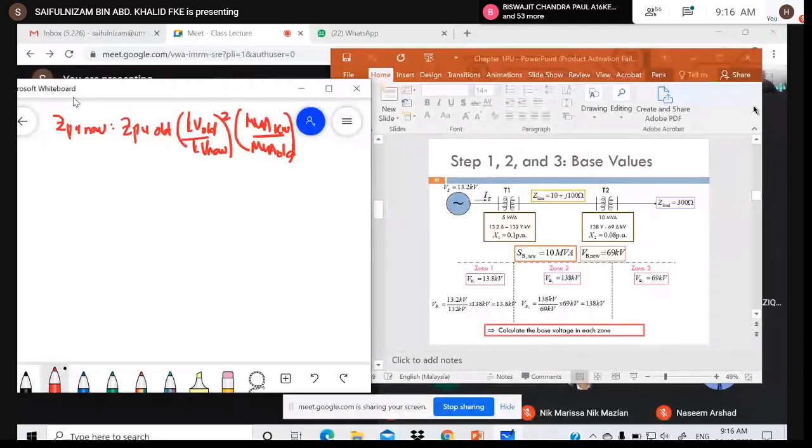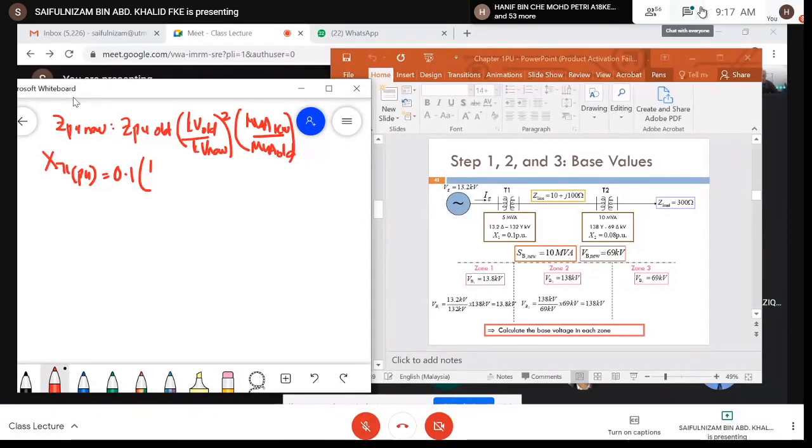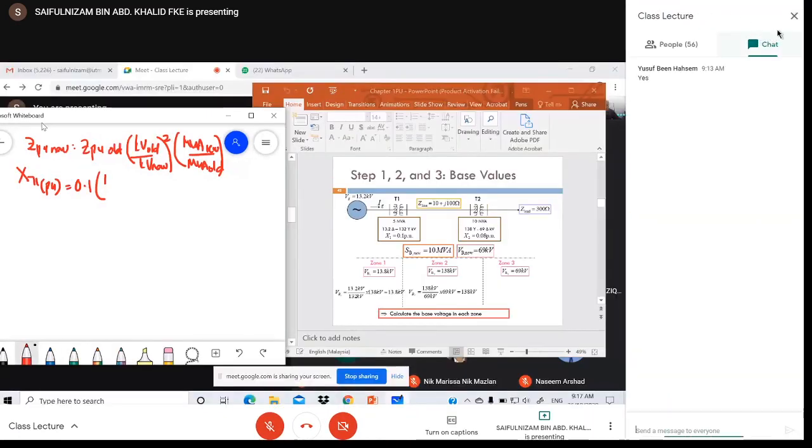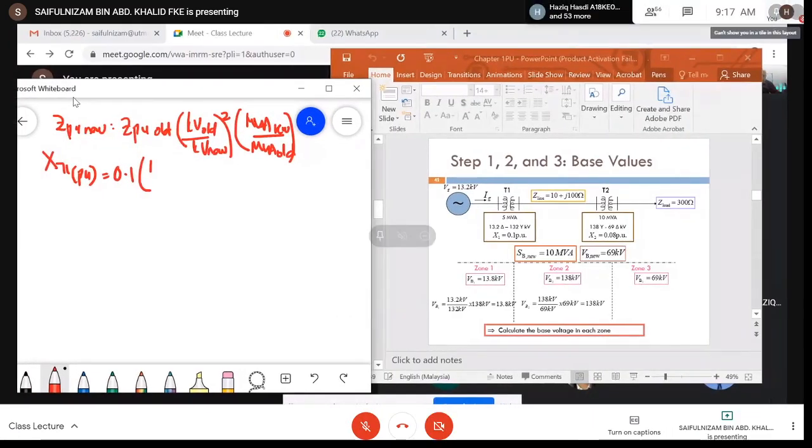X T1 PU new equals the old value 0.1 times KV old. What is the old base voltage? You can choose either primary or secondary.